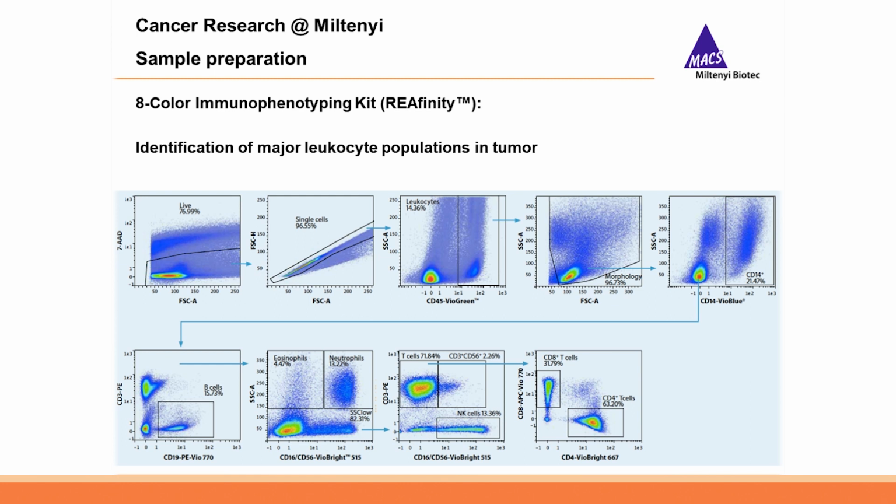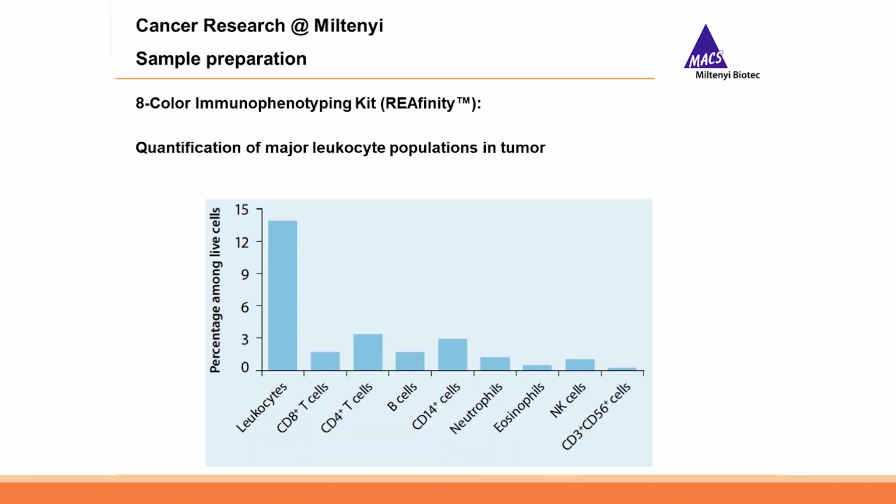From the side scatter low gate, we plot CD16 and CD56 against CD3 to identify NK cells, T cells, and CD3 positive, CD56 positive cells. Finally, from the T cell gate, we plot CD4 versus CD8 to identify our major T cell populations.